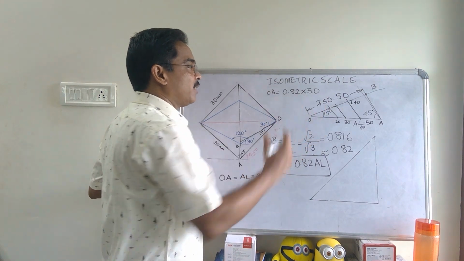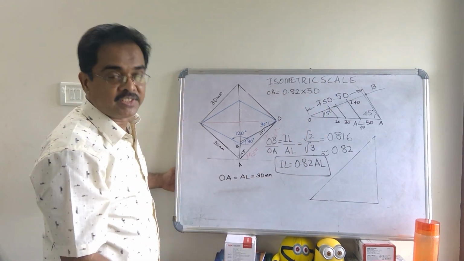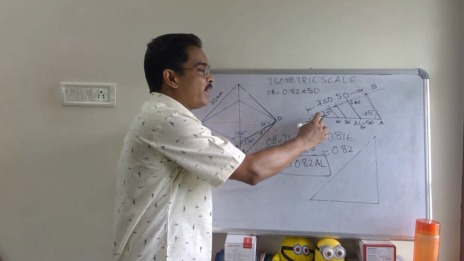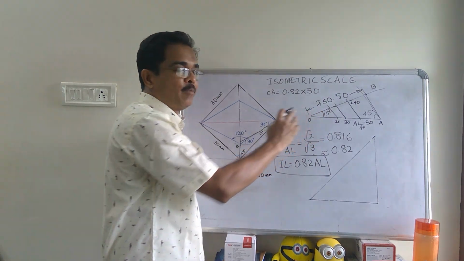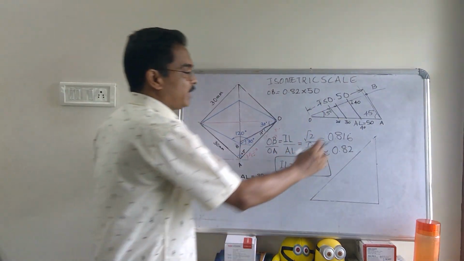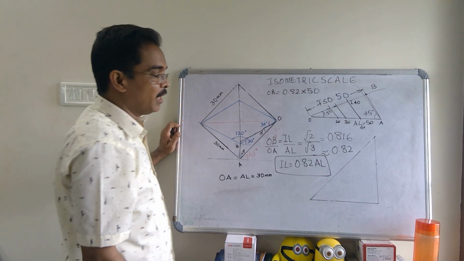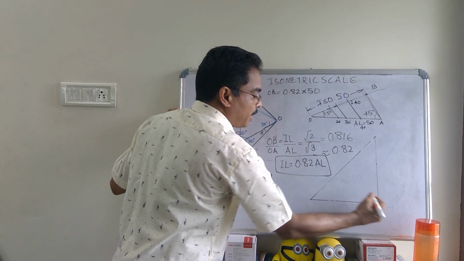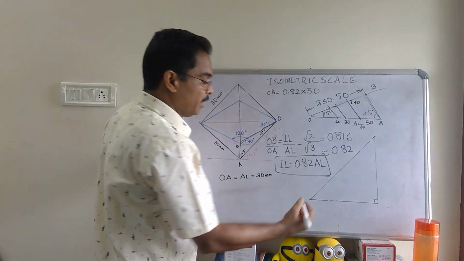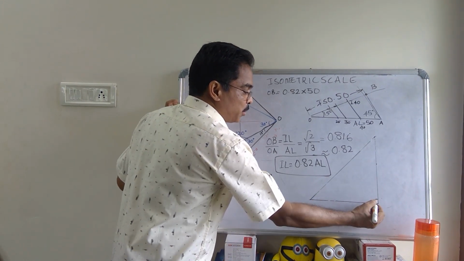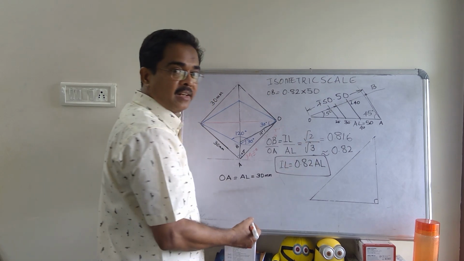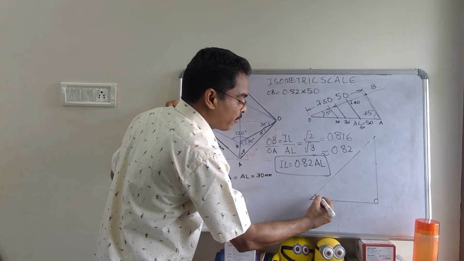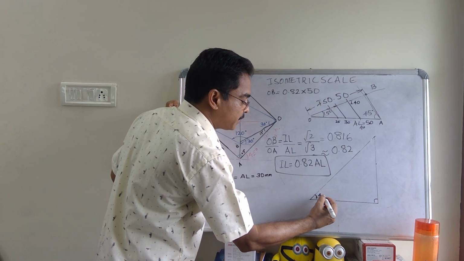There is another method, a much easier method, because taking a 15-degree line angle is a little bit difficult. So I'll be using another method like this. Draw a horizontal line and another vertical line. Draw a 45-degree line from this end.